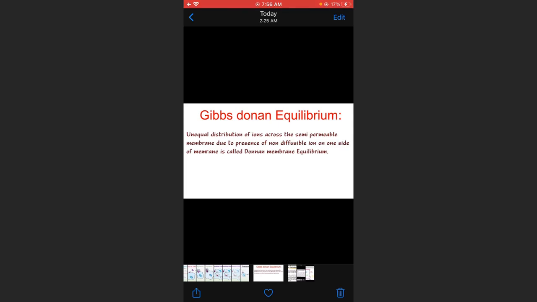In this case, proteins maintain this neutrality or homeostatic state. That's why the Gibbs-Donnan equilibrium is the extension of the study of osmotic pressure, and this osmotic pressure is maintained with the help of the presence of non-diffusible ions, which are the proteins.